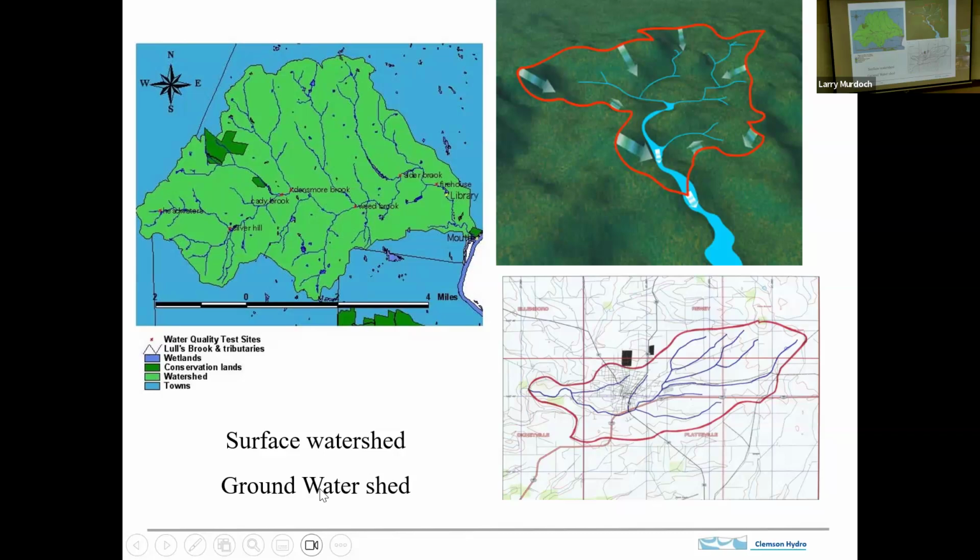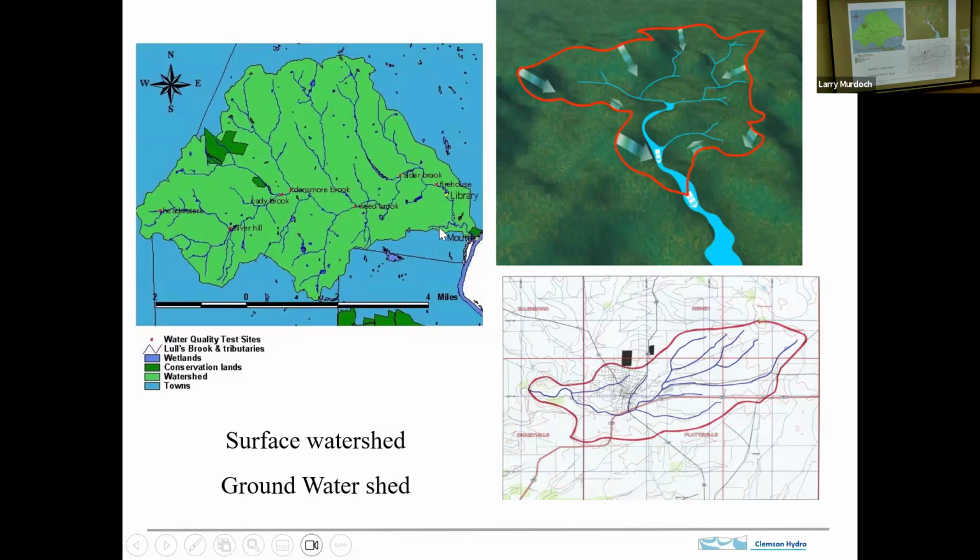Now there's another concept that is a ground watershed, and it's similar, but it's different. Because with groundwater, you're going to have water infiltrating into the subsurface, and then the groundwater is going to flow in the subsurface and discharge to this stream, and then that stream will flow past this point. So basically the groundwater shed is the area where infiltrating water would all eventually flow past that point.